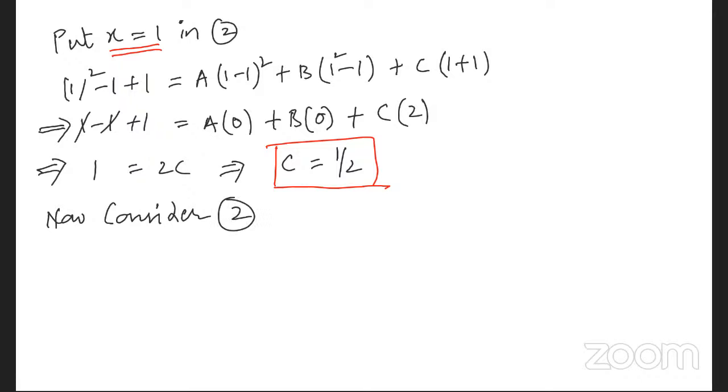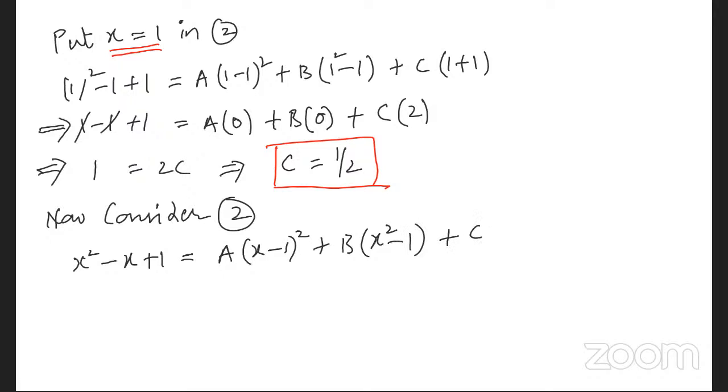Now consider equation 2. What is the equation 2 you have? x square minus x plus 1 is equal to a into x minus 1 whole square plus b into x square minus 1 plus c into x plus 1. This is what equation 2 is. So we'll try to simplify this one.